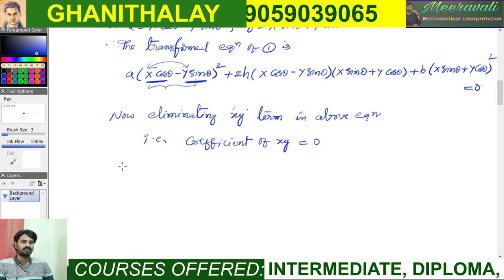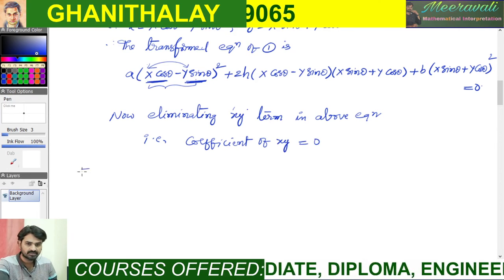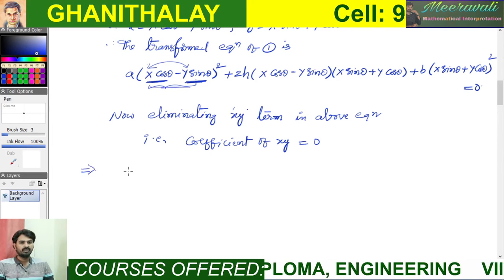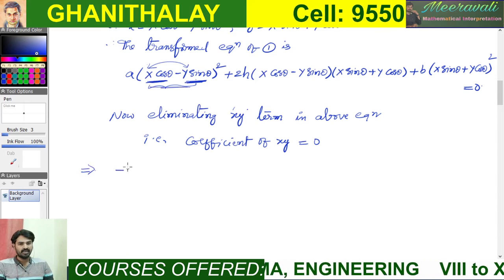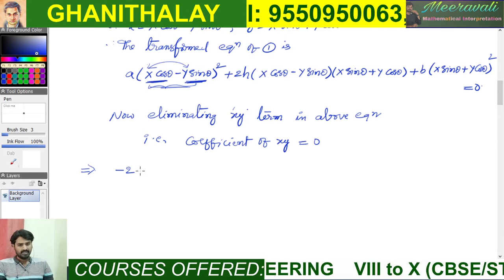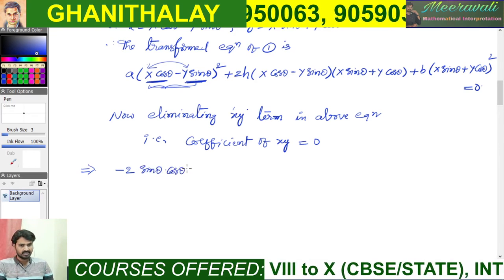That is the concept. So we are going to take the coefficients of the xy terms. In this first term, the coefficient of the xy term is minus 2 into xy into sin theta cos theta. The xy coefficient means sin theta into cos theta in this one.